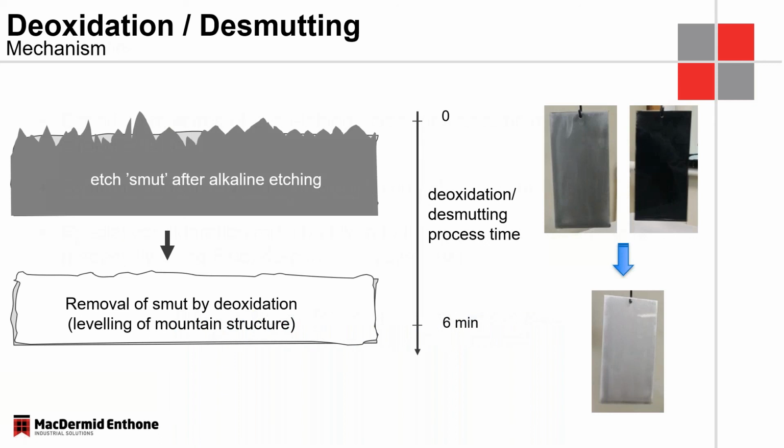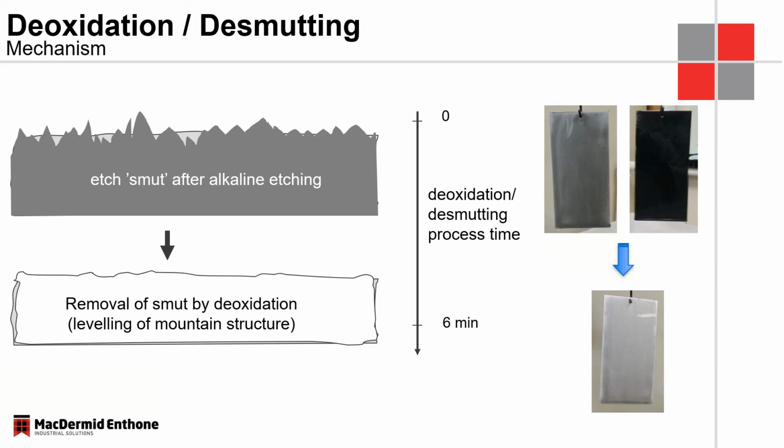So we see the picture here, this is really what we ended up with after the aluminum etching. We have all the alloying components on the surface, which resulted in that very dark gray or black smut on the surface. Through the deoxidation, those alloying components are dissolved and removed from the surface, and we end up with a very clean and smut-free panel or component.